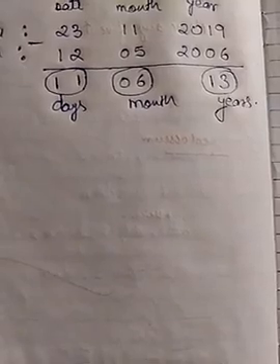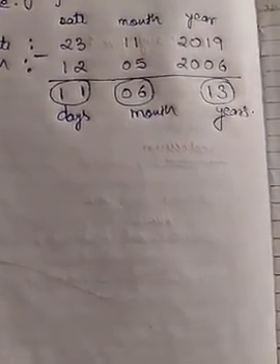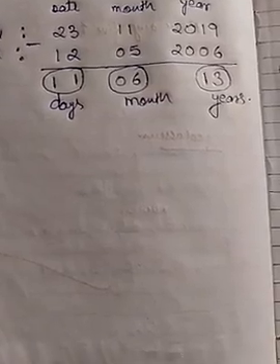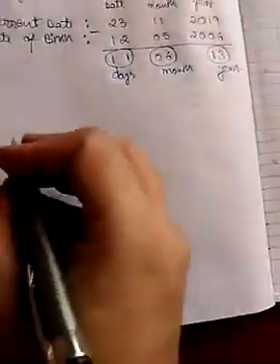Now what happens if you are not able to subtract the date of birth from the current date? That is, suppose the date of birth is having the date more than the current date. Let us take another example.